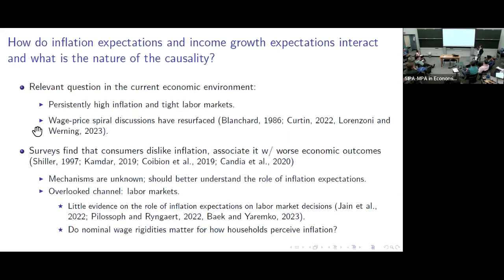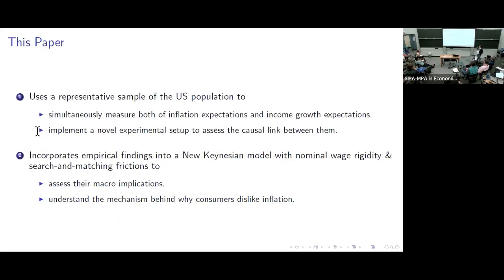So in the present paper, we're going to try to touch on all of these questions and give an answer to them. And we're going to do so by relying on a representative sample of the US population to first simultaneously measure households' inflation expectations and income growth expectations, and then implement a novel experimental setting to assess the causal link between the two.